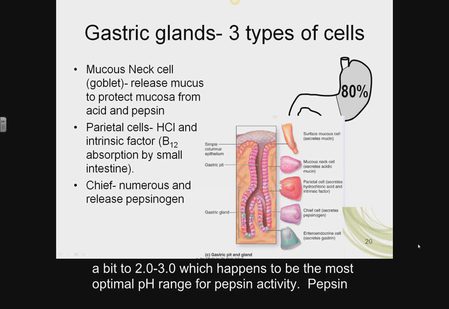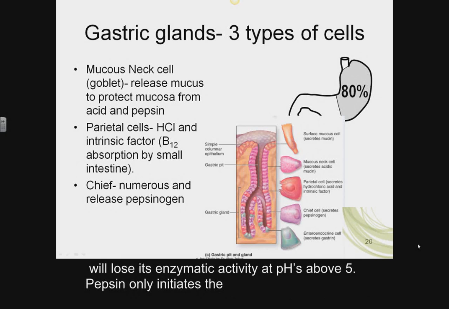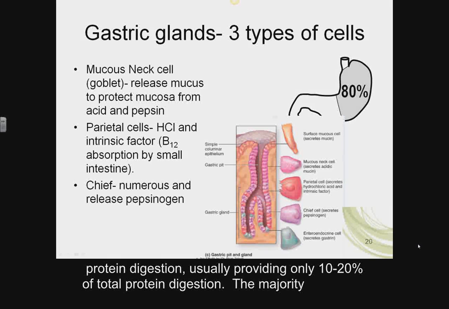Pepsinogen is secreted by chief cells and has no enzymatic activity until exposed to the hydrochloric acid secreted by the parietal cells. The hydrochloric acid secreted can have a pH as low as 0.8, but by the time it mixes with the stomach contents, its pH climbs a bit higher, between 2 and 3.0, which happens to be the optimal pH range for pepsin activity.